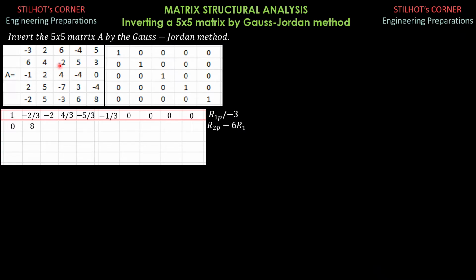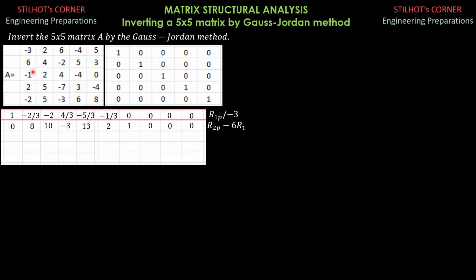Then -2 minus 6 times -2 is +10. 5 minus 6 times 4/3 is -3. 3 minus 6 times -5/3 is +13. 0 minus 6 times -1/3 is +2. 1 minus 6 times 0, so it's still 1. 0 minus 6 times 0, 0, 0, 0 minus 6 times 0, so 0.